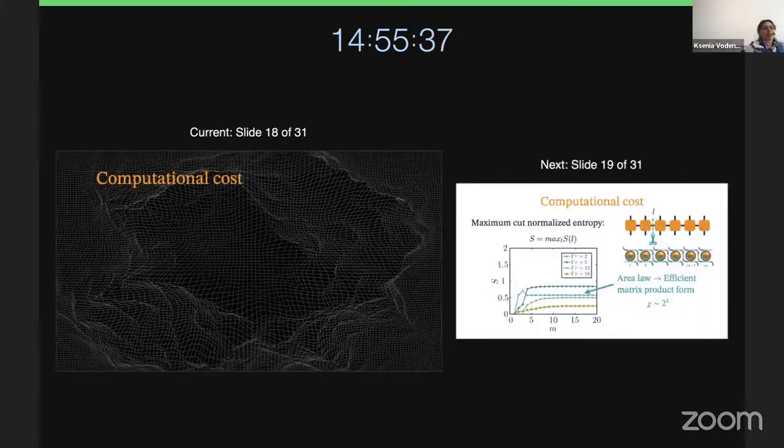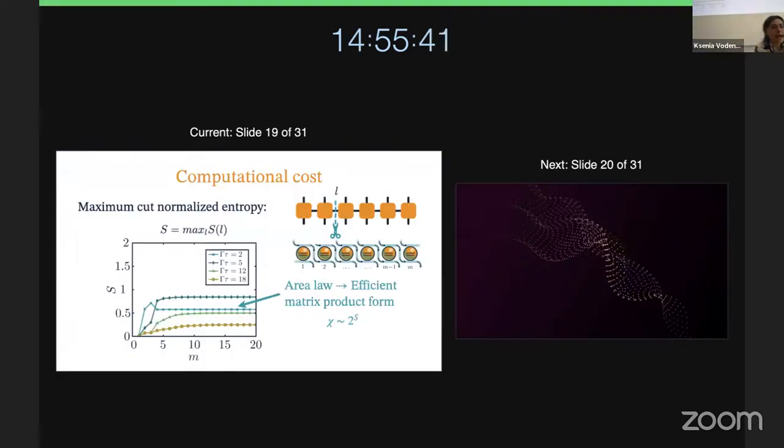And for that, I have a slide on the computational cost. Well, it happens that we can observe a so-called entanglement entropy area law. So essentially, the entropy tells you how the different sites in this matrix form are correlated.